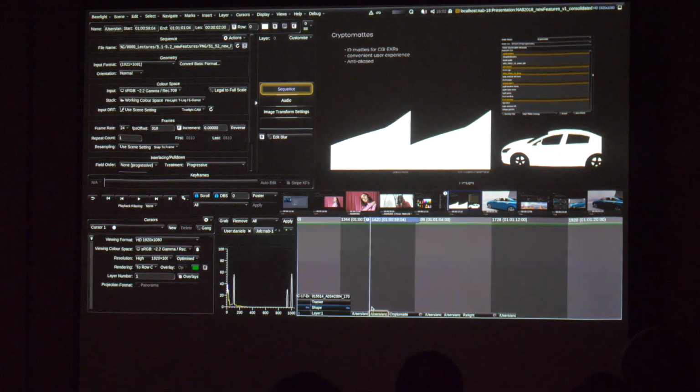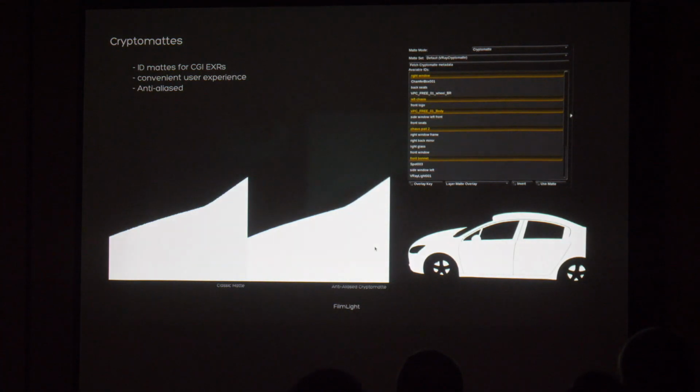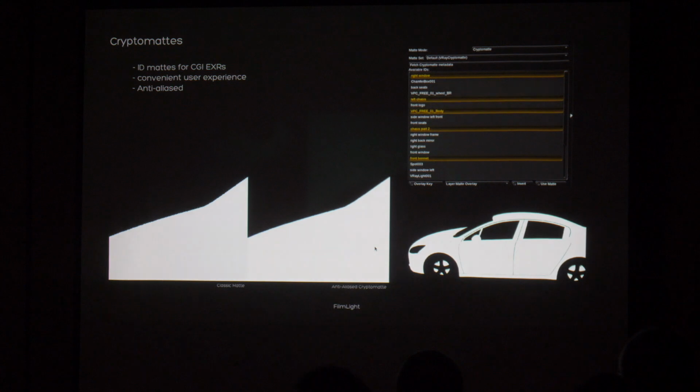One interesting feature, if you're dealing often with computer-generated images, is called cryptomats, and that's a very fancy name. What does it do? Basically, these are mats for objects or object IDs coming from a 3D renderer, and I guess most of the common 3D renderers like Arnold, Maya, V-Ray, and I can't name them all right now, already support it, sometimes with additional plugins.